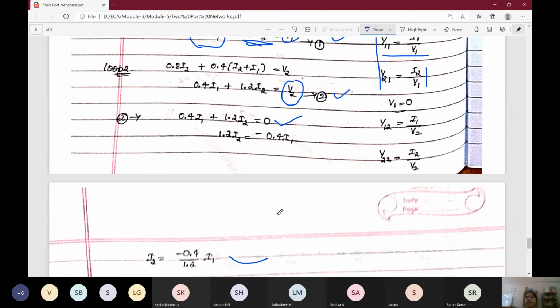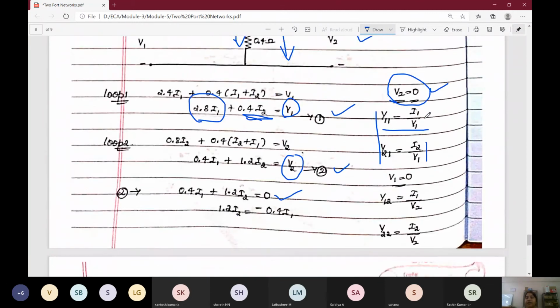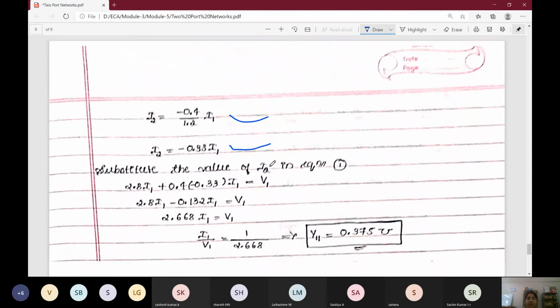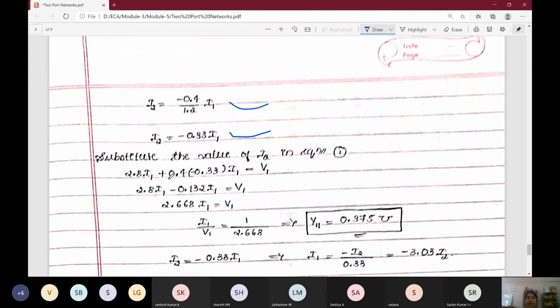Why are we doing this? Because we want Y11, and it is I1 by V1. We don't want I2. So instead, we write I2 in terms of I1. We write 2.8 I1 plus 0.4 into this value substituted here, is equal to V1.